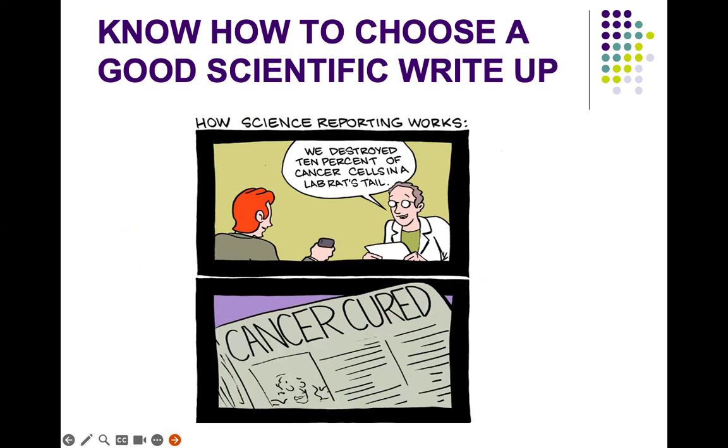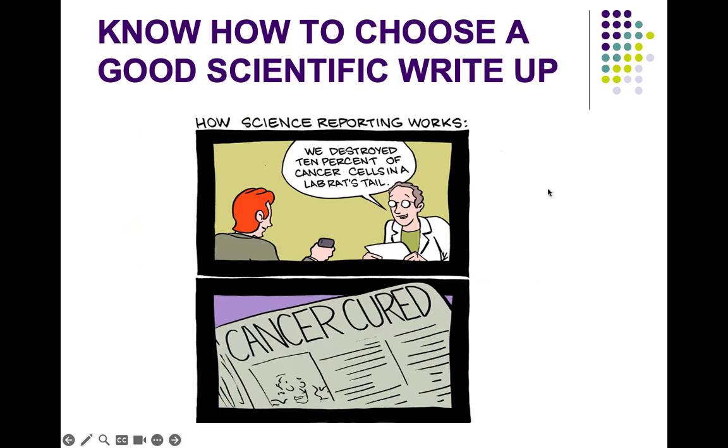Please also be careful with overclaims. Usually this doesn't happen in good journals, but it happens in the news. If we are scientists, we usually report in terms of percentage, like we destroyed 10% of cancer cells.